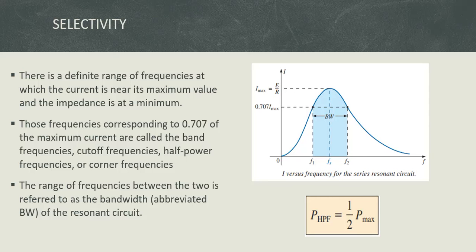That means selectivity is the inverse of the frequency response of the total impedance curve, like that we say. So there is a definite range of frequencies at which the current is near its maximum value and the impedance is at some minimum value. We know that. See this diagram.